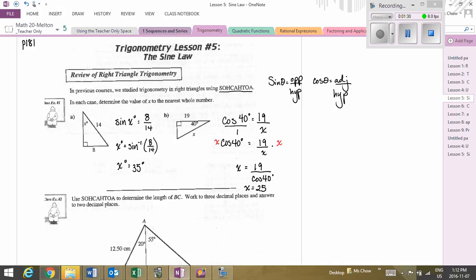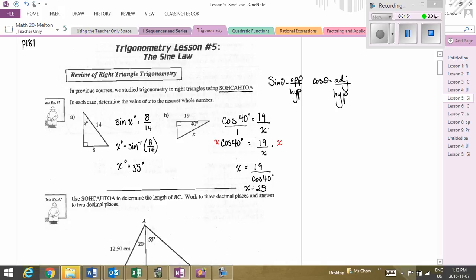For part B, we have the hypotenuse, which is x, and the length that is adjacent to our 40-degree angle, which is 19. Adjacent over hypotenuse is cosine. So we can set it up as cosine of 40 degrees is equal to adjacent over hypotenuse, or 19 over x.